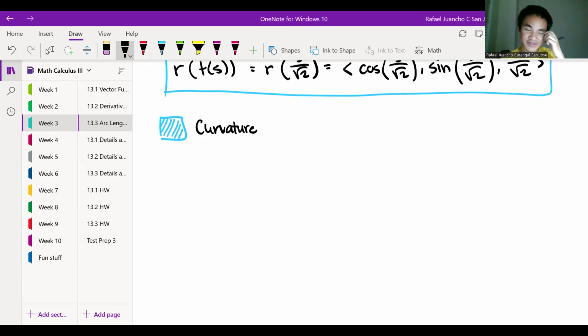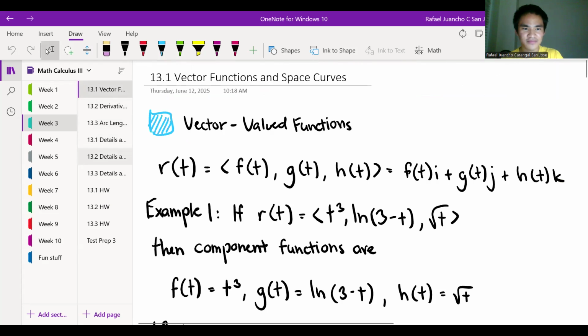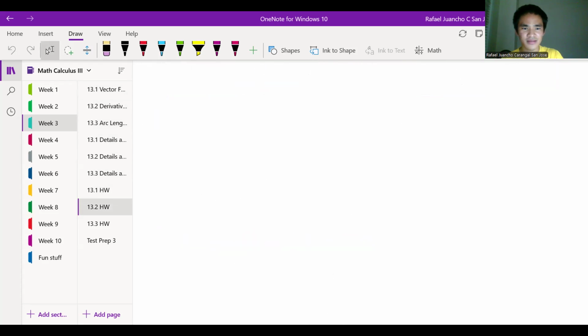So, change of plans. I'm gonna do some exercises on lengths of curves. Let's just do it.